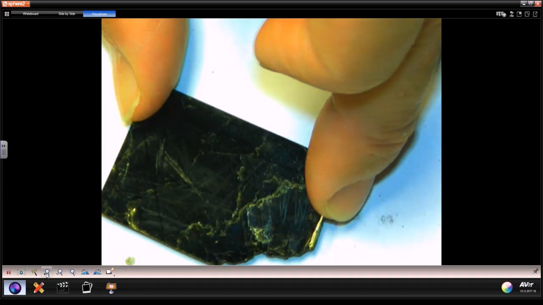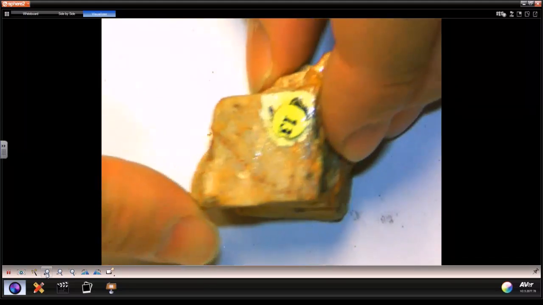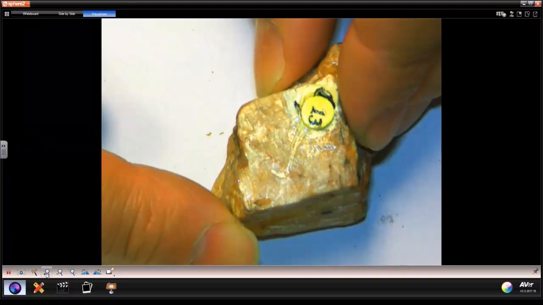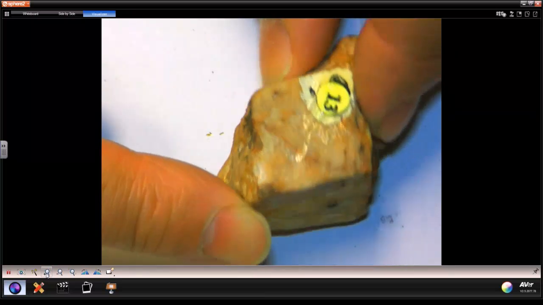However, for some minerals, it's easier to see cleavage if it does reflect light back at you. So let's try another piece of a different mineral with multiple cleavages, and we'll see if we can get it to reflect light, and then we'll see if that shows any sheets. We're looking at a cleavage surface. It's quite flat.